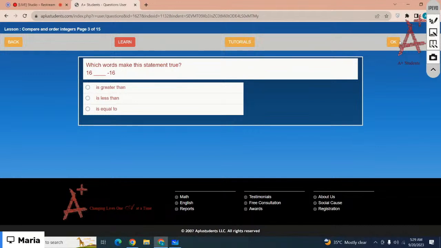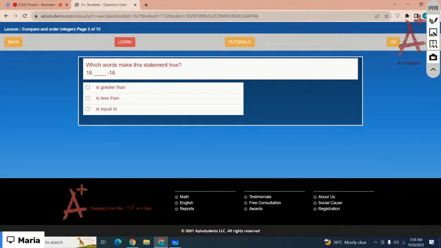Which words make the statement true? 16 and negative 16, which is the correct option? Yes, 16 is a positive number and positive numbers are always greater than negative numbers.